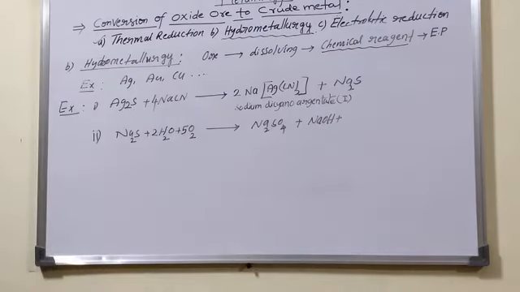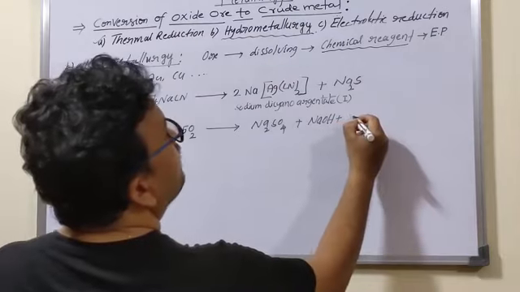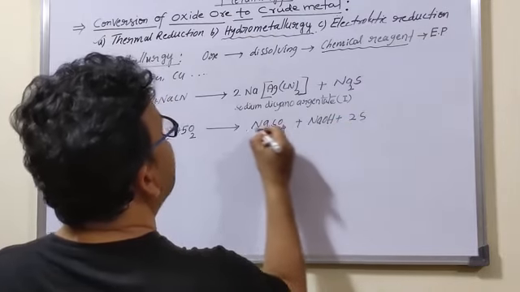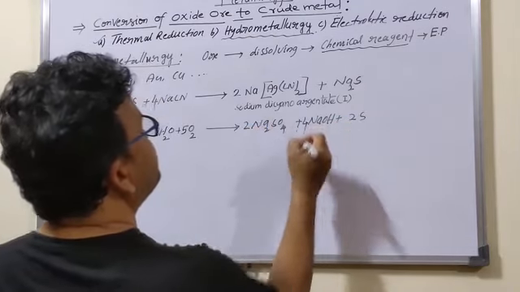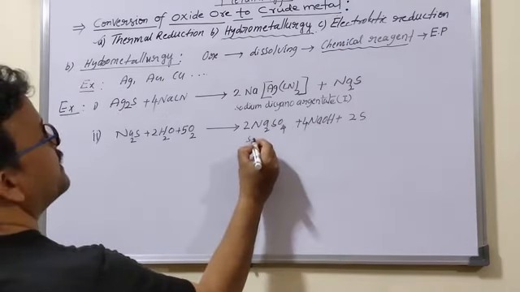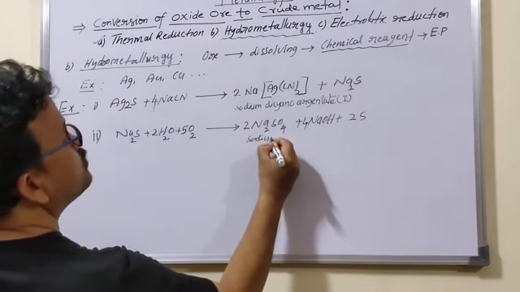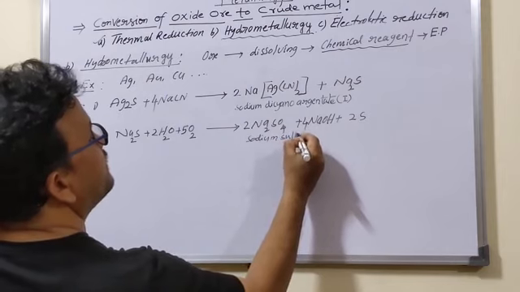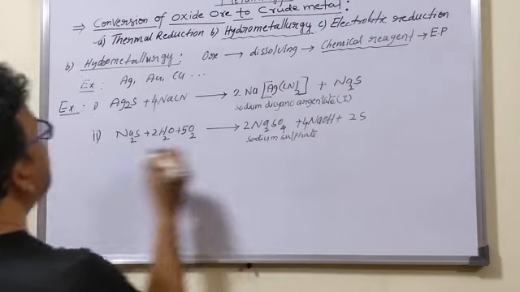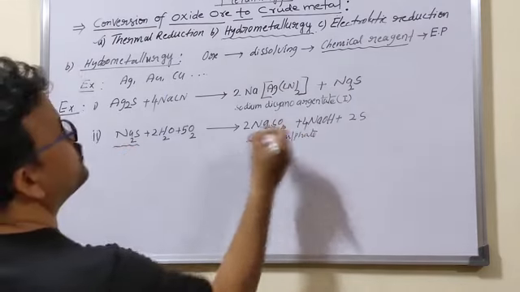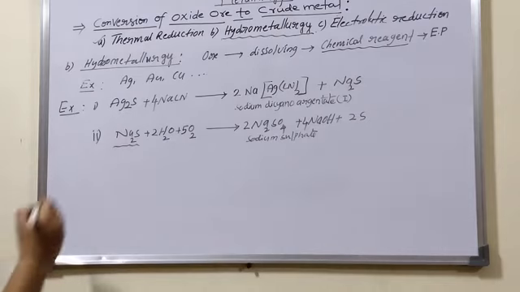Sodium sulfate is the main product here, along with sodium hydroxide. So sodium sulfide converted to sodium sulfate is oxidation.